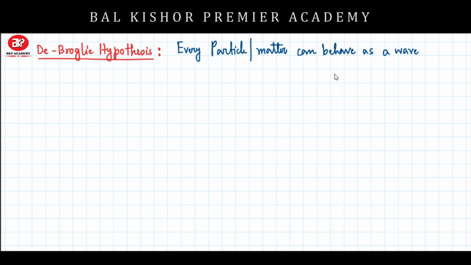and that wave is called a matter wave. So according to the de Broglie hypothesis, any particle or matter can be thought of as a wave, and the name of the wave will be matter wave.